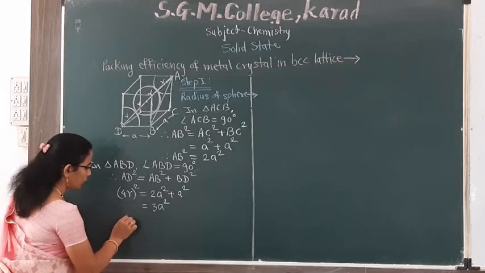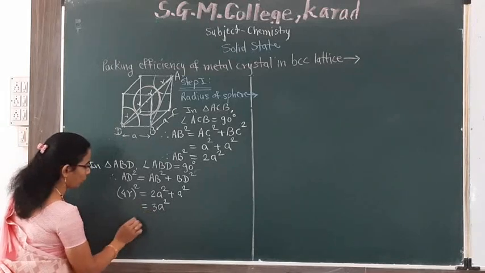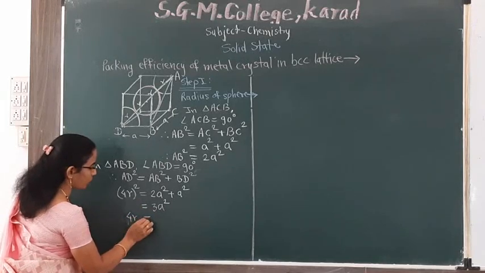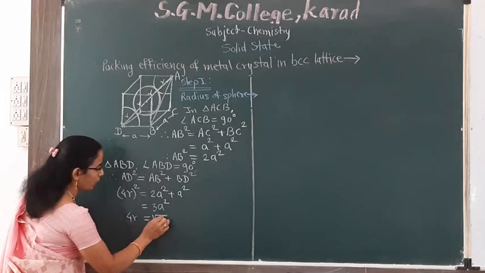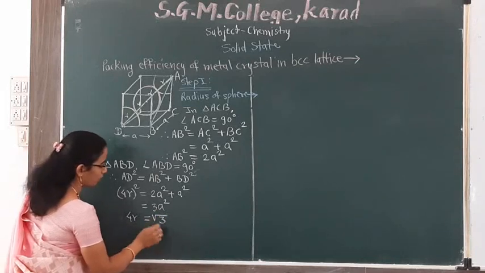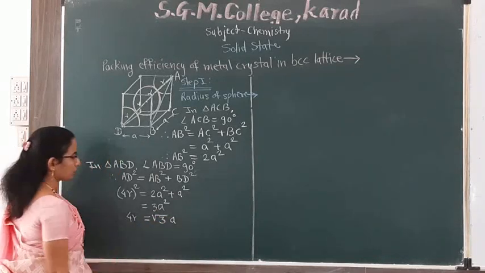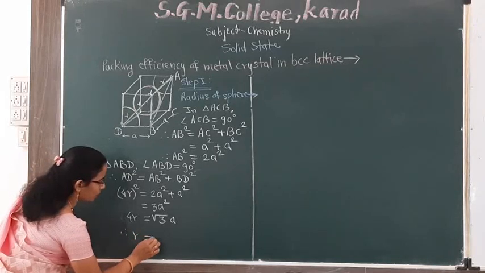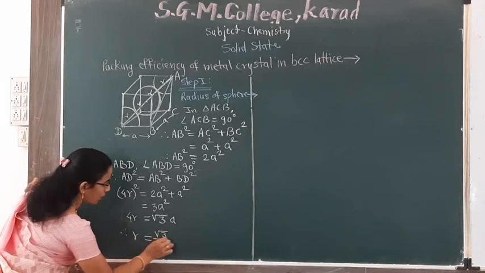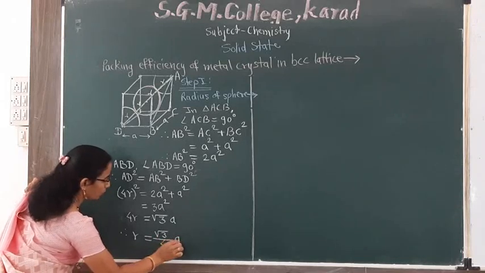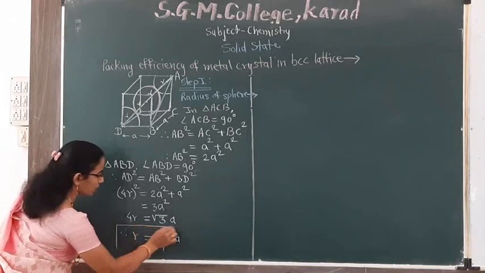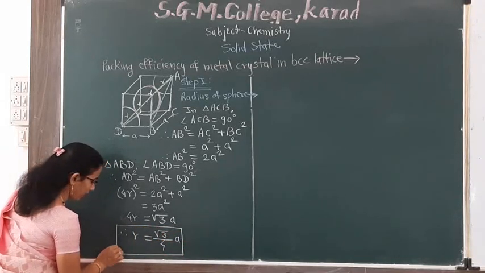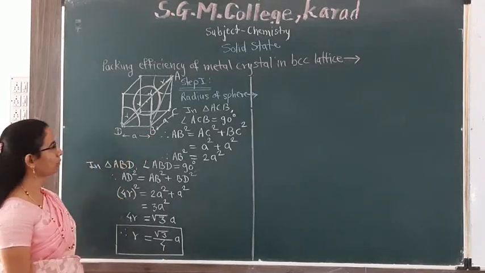Now if you take the square root on both sides of this equation, what will you get? 4r is equal to root 3 a, and therefore we can write r is equal to root 3 upon 4 into a. So this relation gives the radius of sphere.